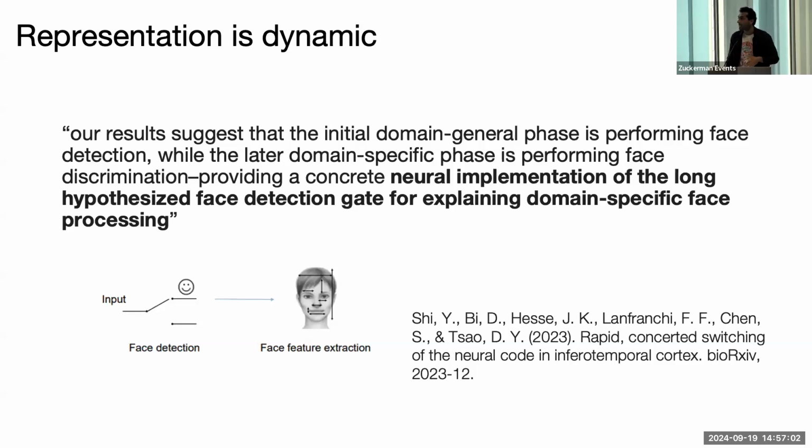More recently, there have been more suggestions that you could even go as far as calling this somewhat of a gating mechanism, where you could go from detecting a category to actually separating members of the category. So you could go from face detection, which is the separation of faces from non-faces, to face discrimination, which is the separation of faces from each other.